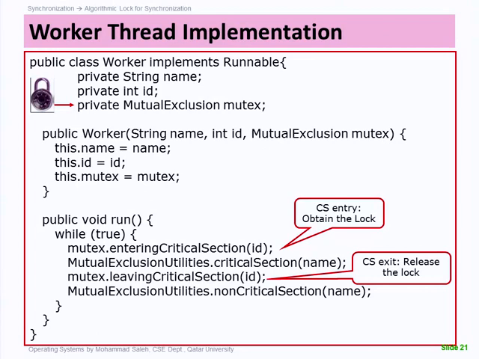Commonly in the literature, we call this class Worker, because we have multiple workers. Worker implements Runnable or extends Thread. That's the class. And then this worker receives a lock.